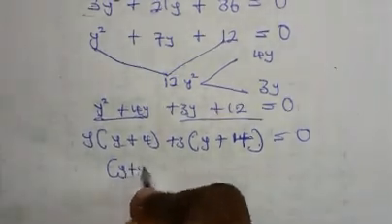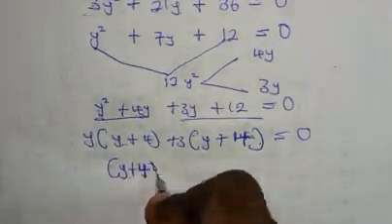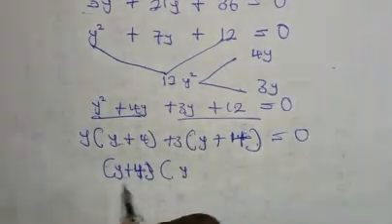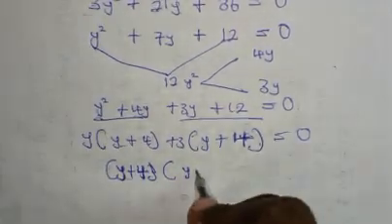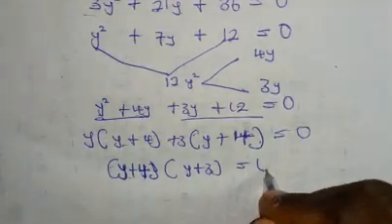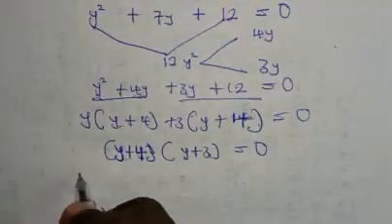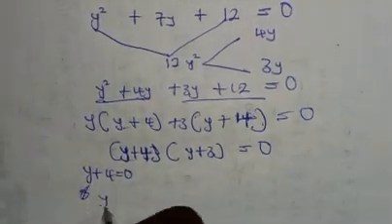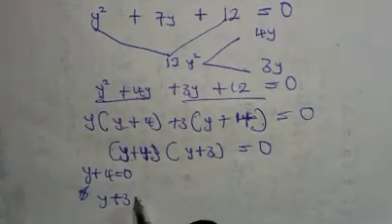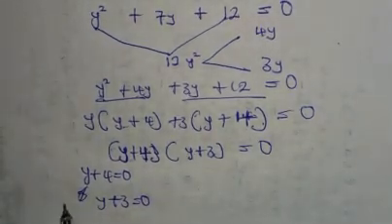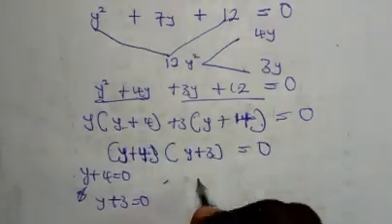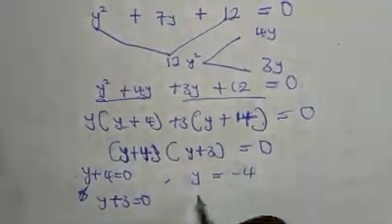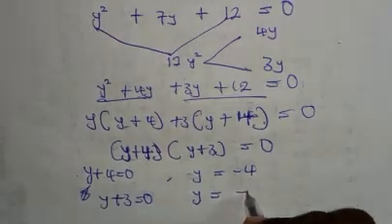We have y plus 4 times y plus 3 is equal to 0, which implies that y plus 4 is equal to 0, and also y plus 3 is equal to 0. So now y is equal to minus 4, and also y is equal to minus 3.